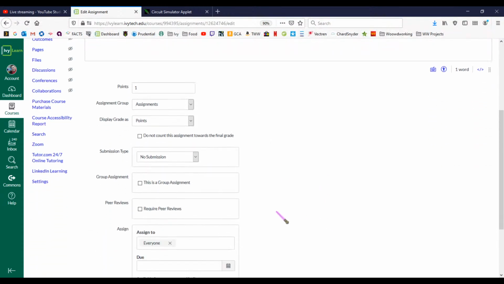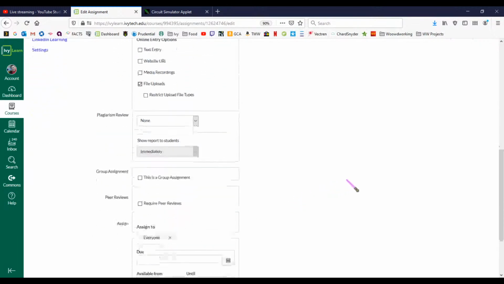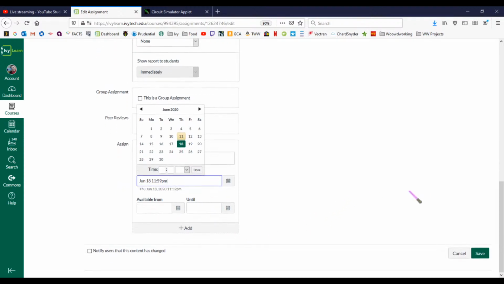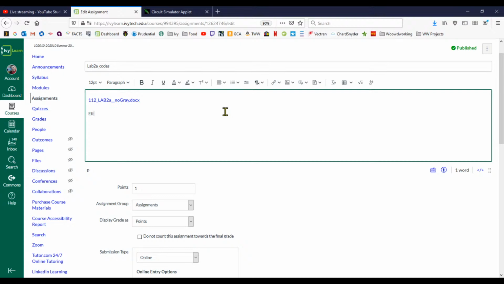So, submission: online, file upload, due next Thursday. And so again, either print this off, complete it, and scan back and submit, or write out on paper, take pictures, and upload the pictures.